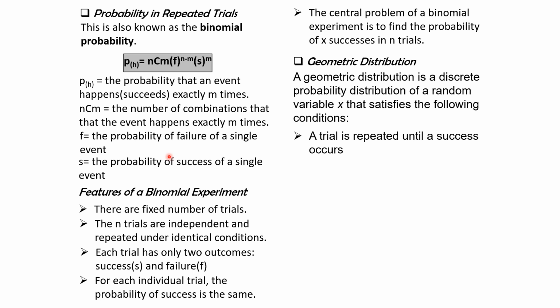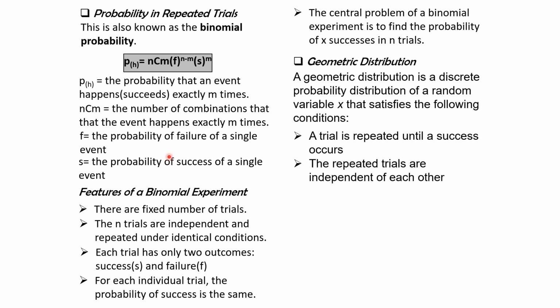Then the repeated trials are independent of each other. Meaning to say, the probability of the occurrence of the preceding trial is not affected by the foregoing trial. And the probability of success S is constant for each trial.